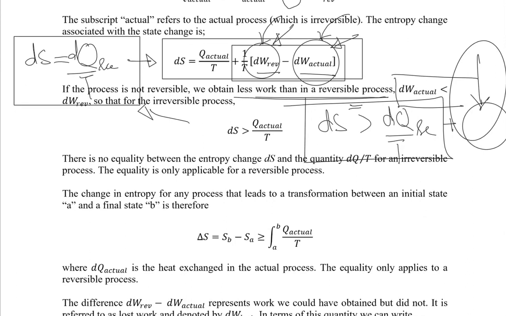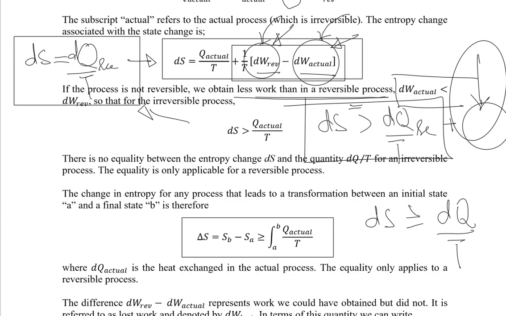So the change in entropy in any process, from a transformation between any two states, will be greater than dq by T, and that is what the second law also says: ds is equal to or greater than dq by T. Remember this from the last lecture.